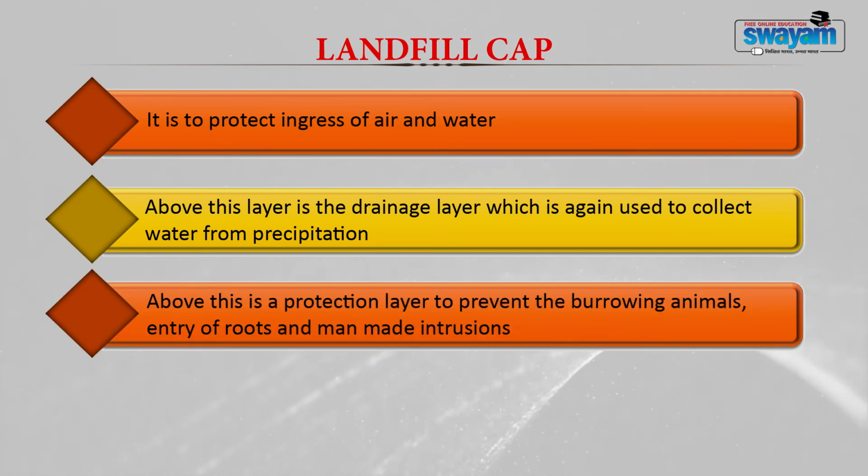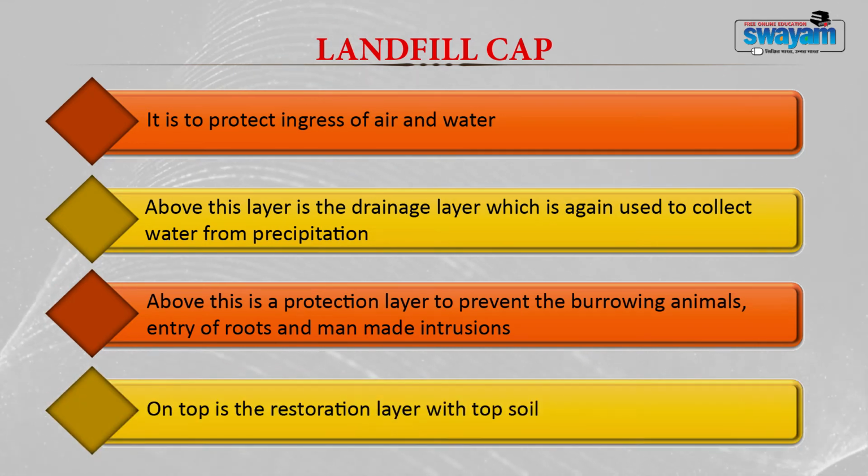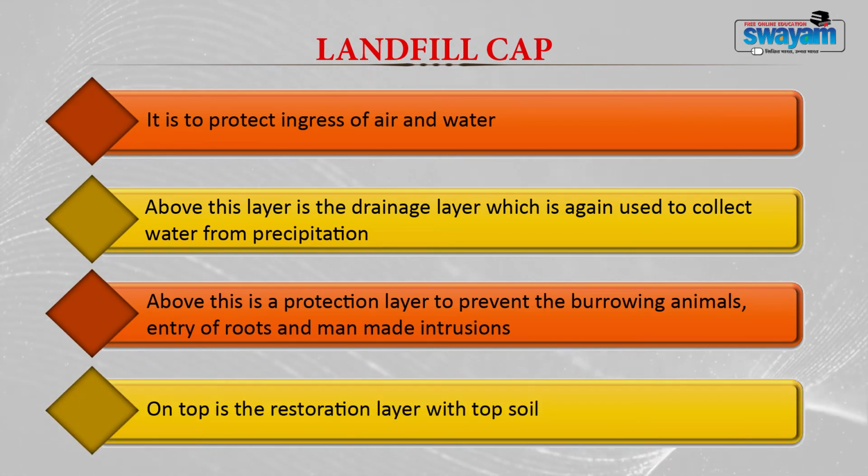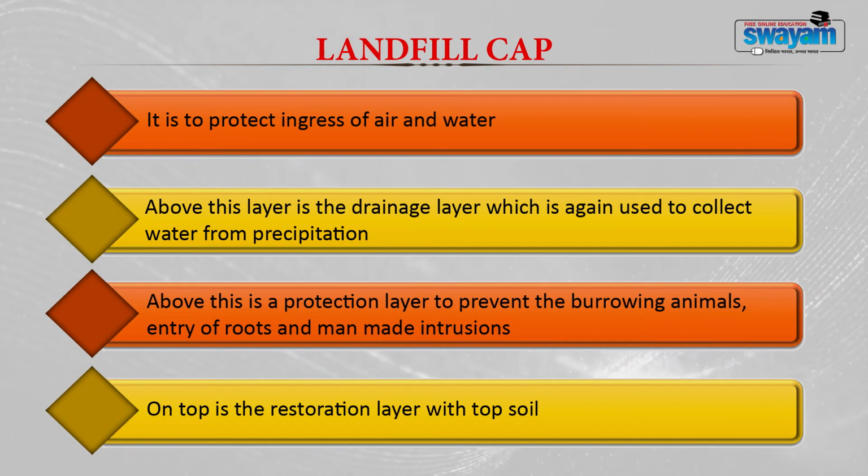Above this is a protection layer to prevent burrowing animals, the entry of roots and man-made intrusions into the landfill. Finally, on top is a layer of topsoil which is generally laid to enable growth of small rooted plants, just for the landscaping or beautification of the landfill.